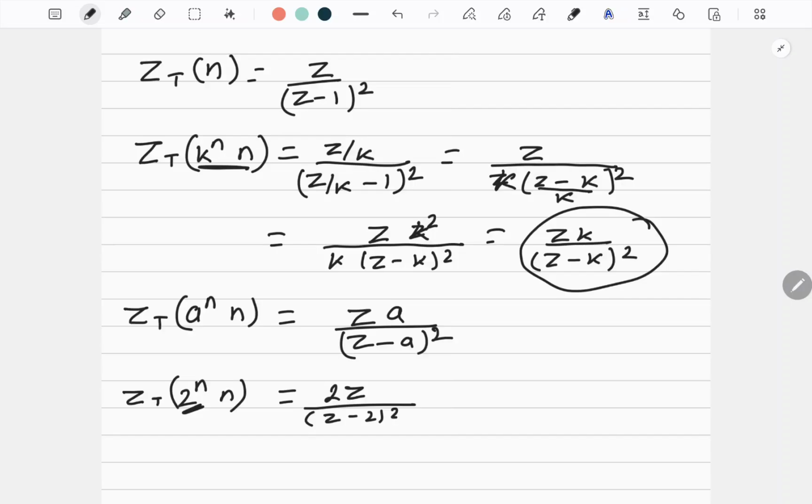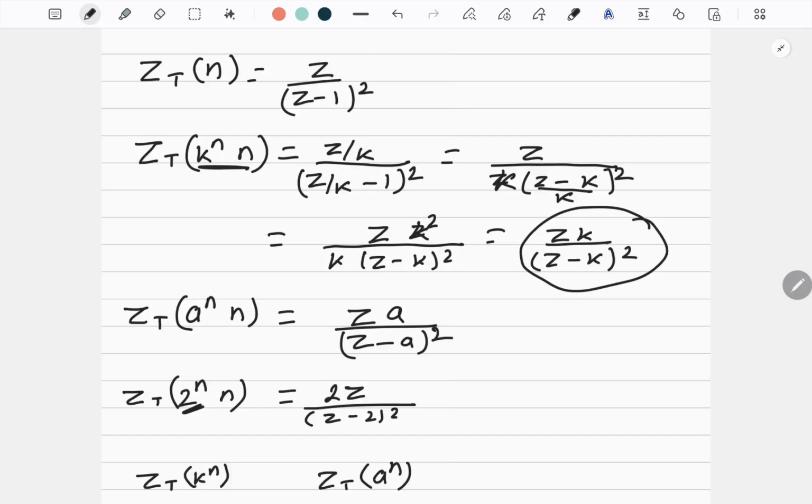So you make your rule and learn it as k or a as per your choice. For example, we know the Z transform of k to the power n you have done. Same way I can write the Z transform of a to the power n. That is basically a constant raised to the power n.